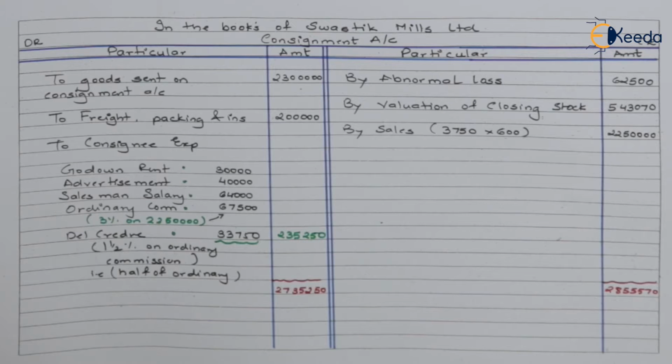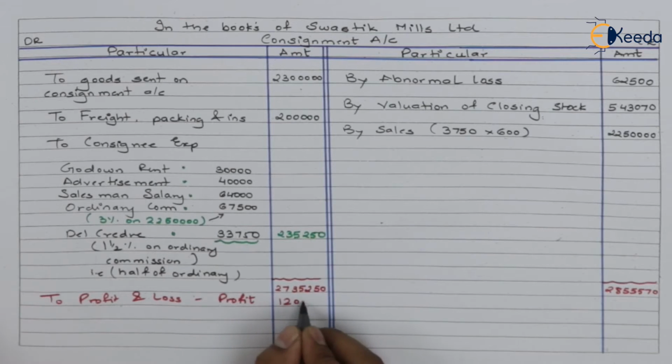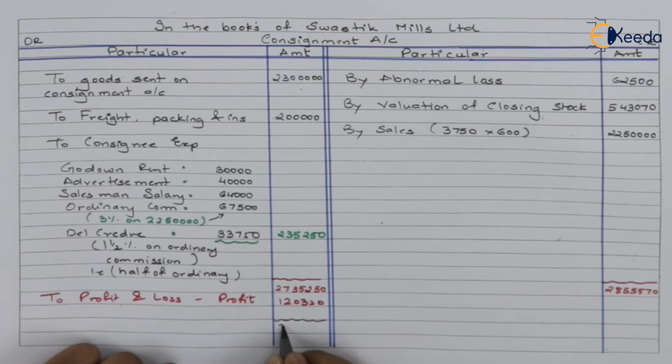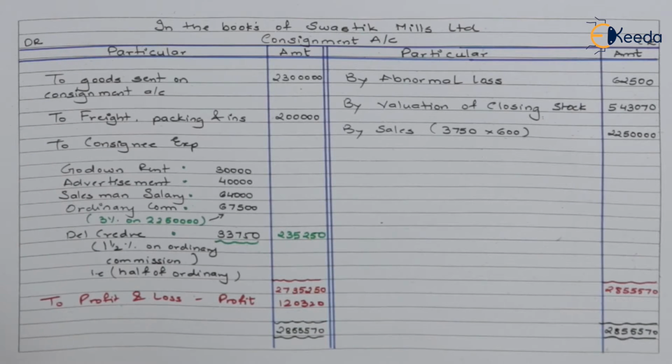Now if you see, the credit side is more as compared to the debit side, hence there is a profit here that we'll be checking out, how much it is. So the profit here is 1,20,320, and this gives you the total of consignment account, which is 28,55,570.